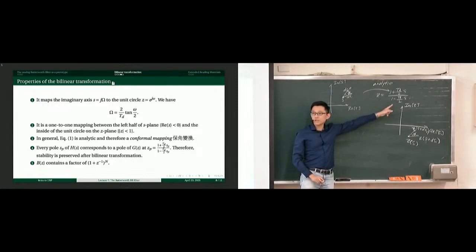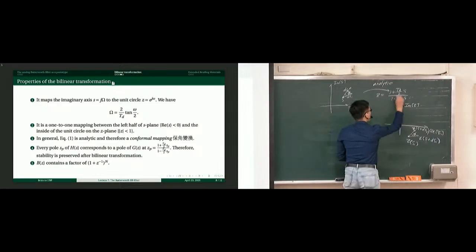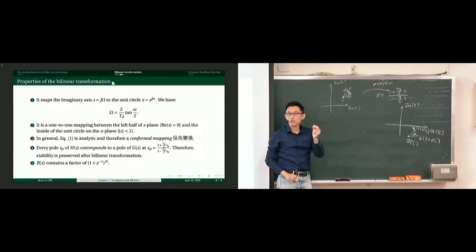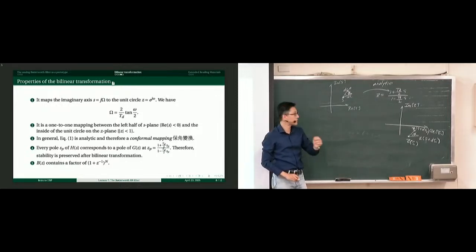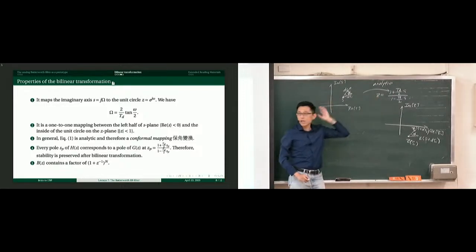Z as a function of S is differentiable except at its singularity, 它可能有奇点, except at one singularity. Otherwise, everywhere else, Z is a differentiable function of S. Therefore, it preserves the angle like that. It is a conformal mapping.